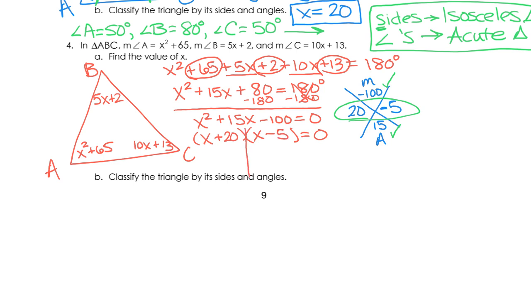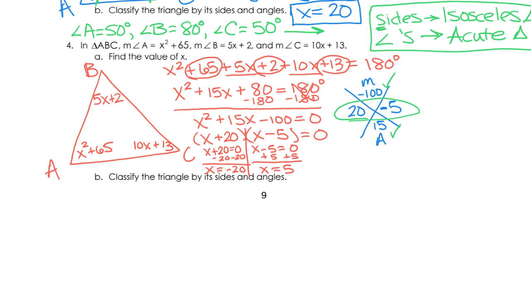And now that I have my two factors, I set each factor equal to 0 and I create two mini equations. Each equation is going to give me an answer. On this side, I'm going to go ahead and subtract 20 and I end up with x equals negative 20. On the other side, I'm going to go ahead and add 5. And when I'm done adding 5, I get x equals positive 5.